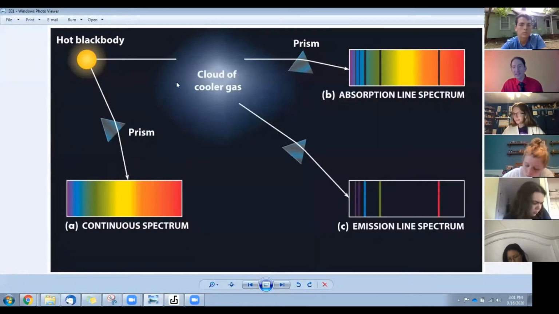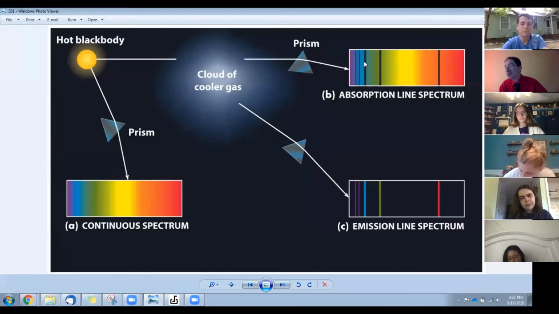And so we can see this here. Suppose the light on its way to us went through a cloud of gas and then continues on its way. We put it through a prism, and as long as they're all on a line, we're looking at that star, but there's a cloud of gas in the foreground blocking our view, and it's transparent gas, as we'll learn. You see the colors from the continuous spectrum down here, minus the colors at particular wavelengths or frequencies or energies.